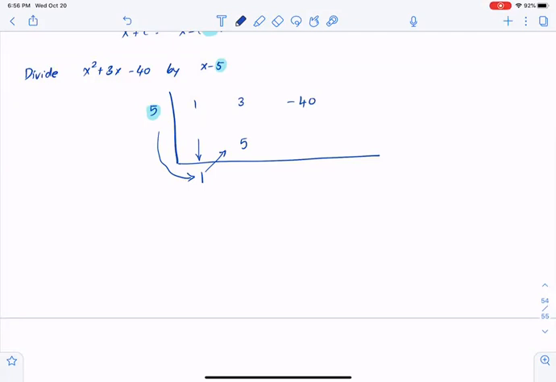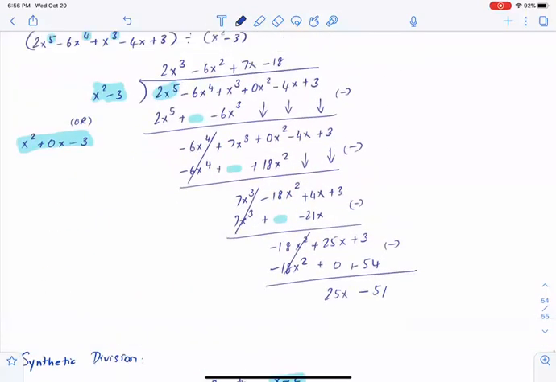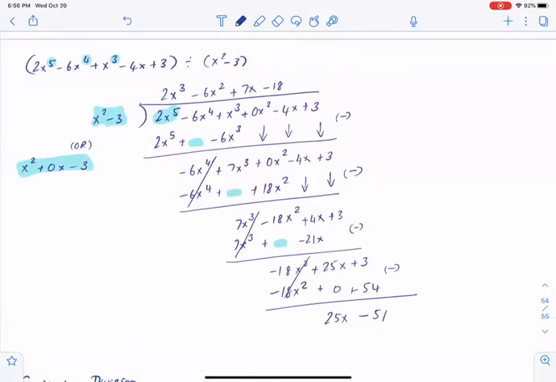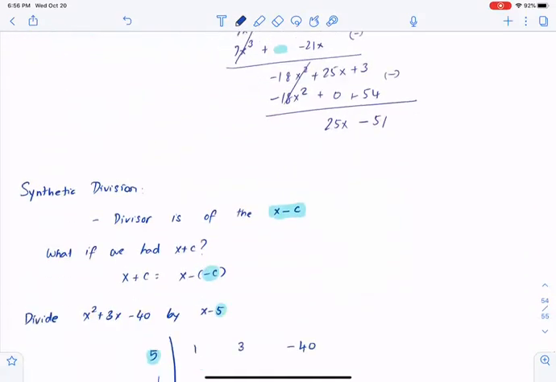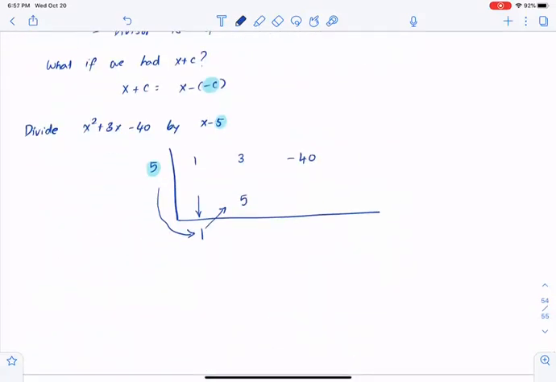One of those differences is we always add and not subtract. If we look at long division, at every step I subtracted, but here we're just going to add. So 3 plus 5 is 8.